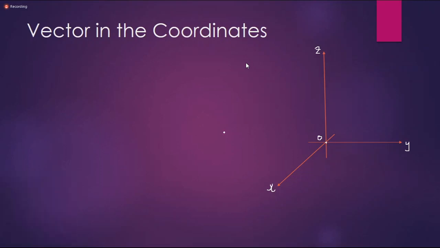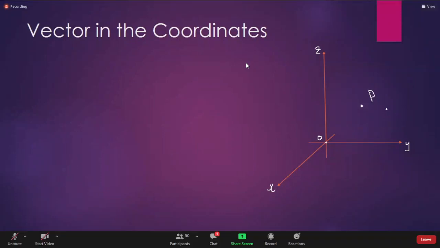So suppose we have a point somewhere in the 3-dimensional space, let's say the point P, and it's not in any of the coordinate planes, perhaps not on any axis, because those are the simpler situations. So let's simply suppose that we have the point P somewhere in space.